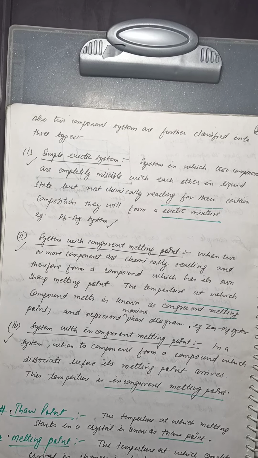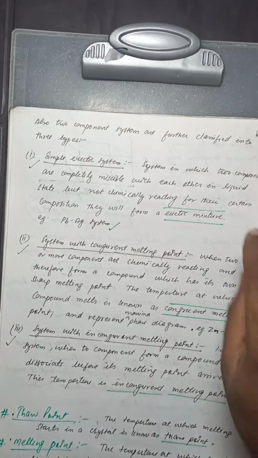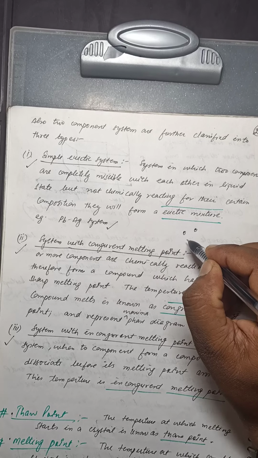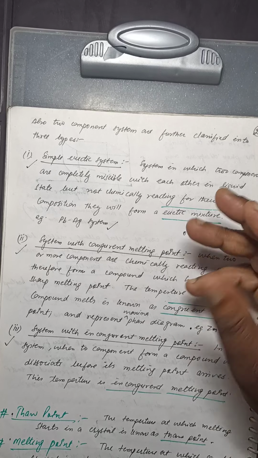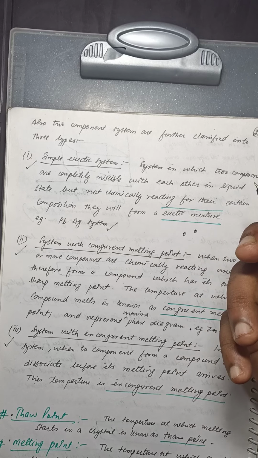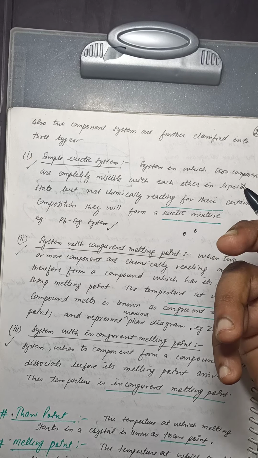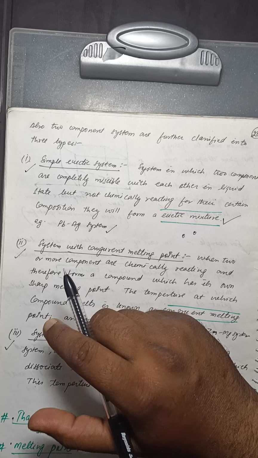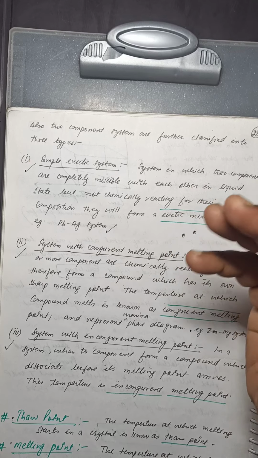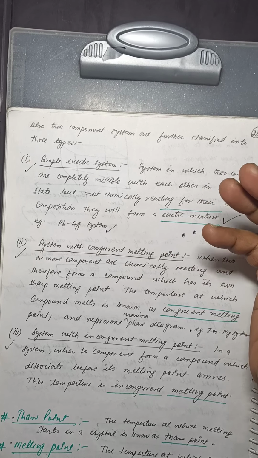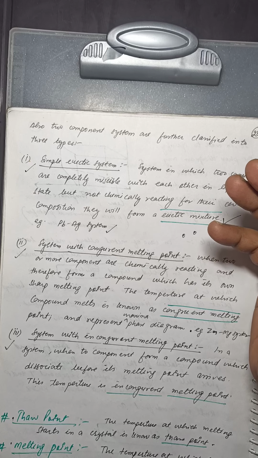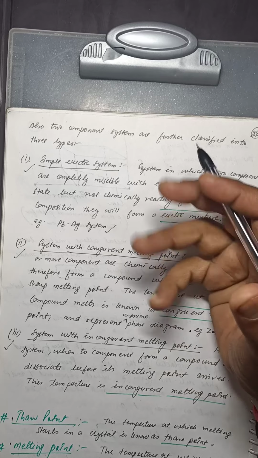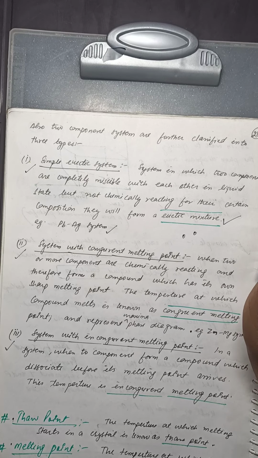A system in which two or more components are mixed with each other without chemically reacting, and at a certain composition they form a mixture, is known as a eutectic mixture. The system where the eutectic mixture is formed is known as a eutectic system, and since it is simple by nature, it is known as a simple eutectic system. The lead silver system is a common example.